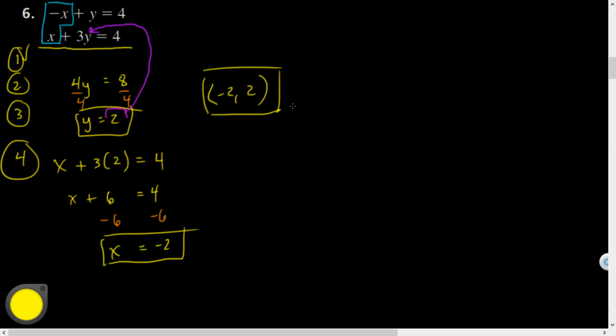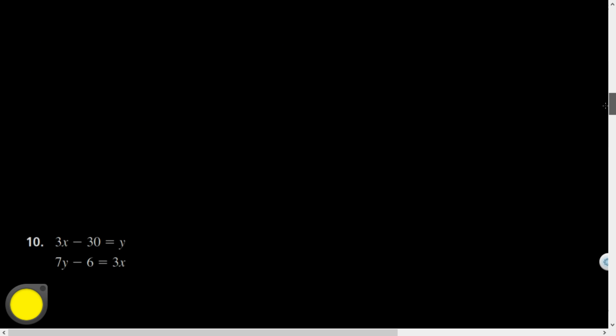The last question that I'm going to look at today is 10. A lot of the evens today, but that's all right. Now, 10 is partially step 1 done. Actually, not yet. I've got to line them up into columns.